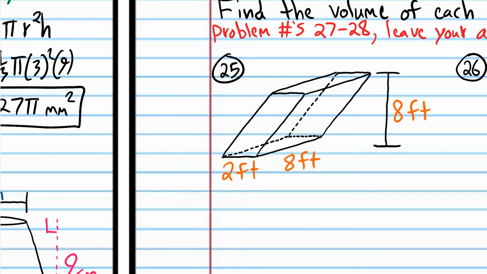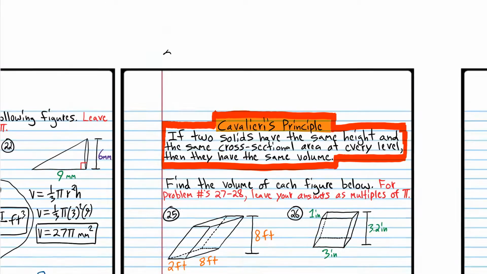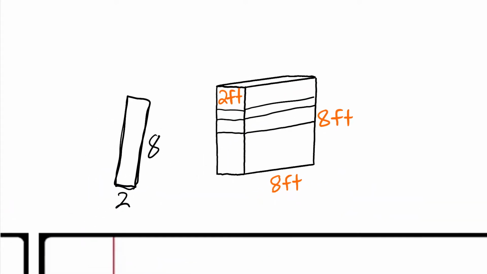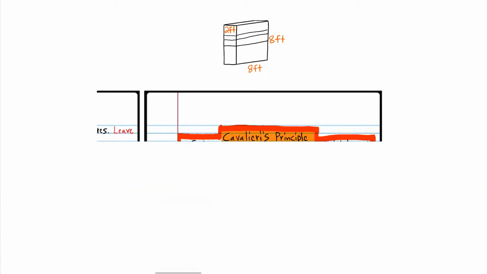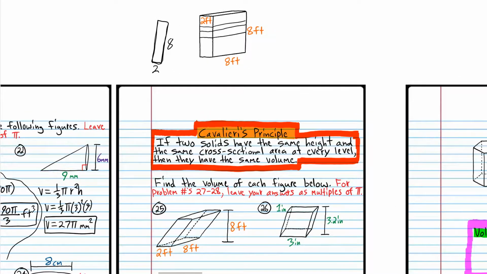So that means the cross-sectional area at every level of this figure is the same as the cross-sectional area at every level of this figure. So there's two things that are similar about these two shapes. Number one, they have the same height. They both have a height of 8. And number two, they both have the same cross-sectional area because it's 8 by 2. 8 times 2 is 16 at every level.